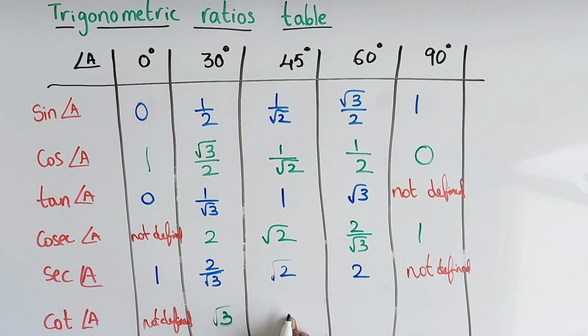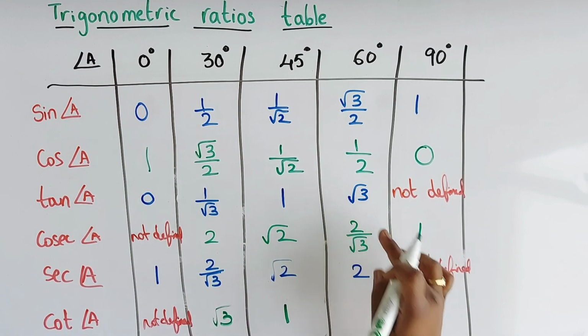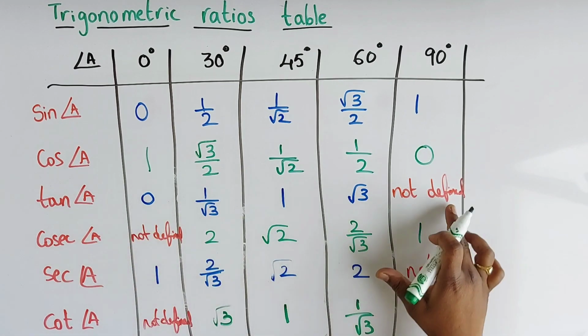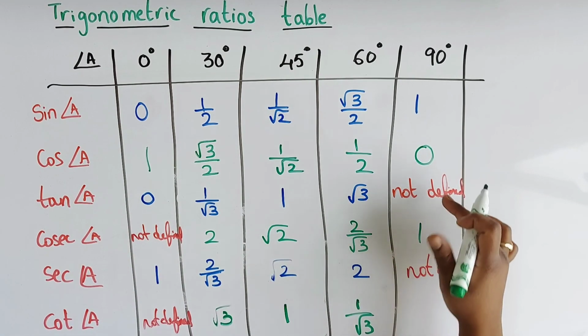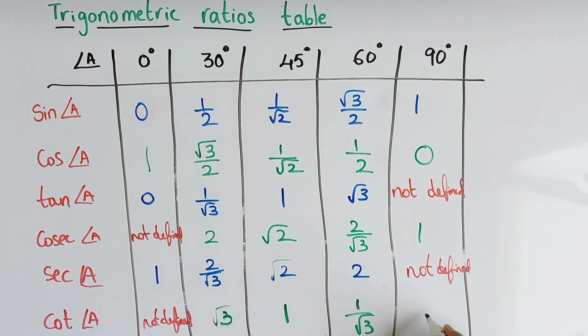Now cot 45, tan 45 is 1, reciprocal 1. Cot 60, tan 60 is root 3, children. Reciprocal of root 3 it is 1 by root 3. Now cot 90 degrees, what is tan 90 degrees? It is not defined, that means 1 by 0. Think 1 by 0, so this will be 0. Reciprocal is 0, children.